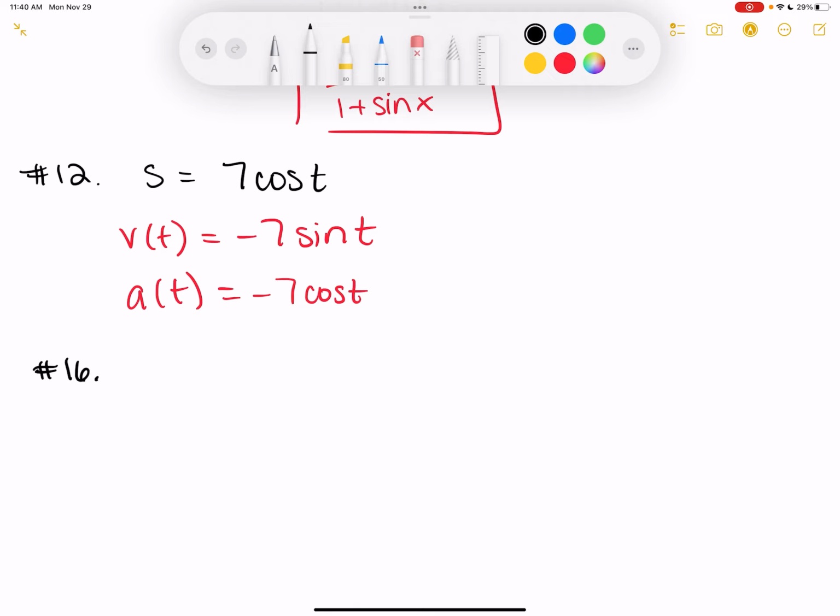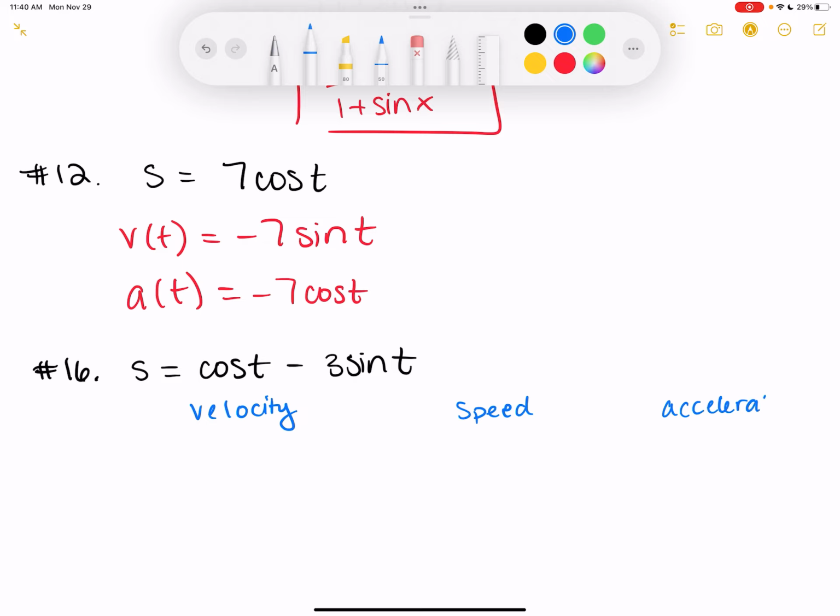Okay, so 16 is s is equal to the cosine of t minus 3 sine of t. So what I'm going to do here is I'm going to just say velocity, speed, and acceleration. So I'll do part A all the way across, and then I'll do part B all the way across.